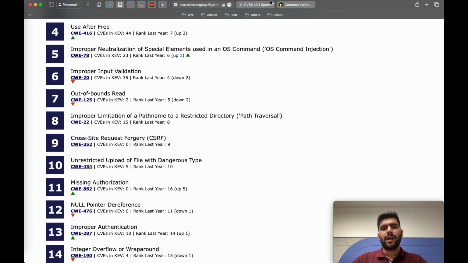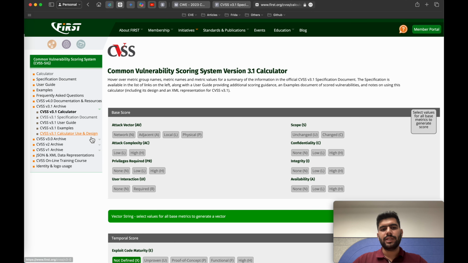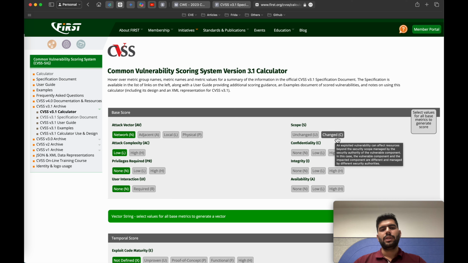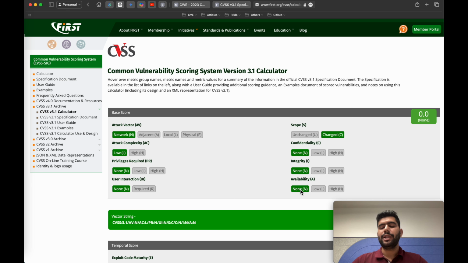For example, I'm going to the CVSS calculator here, and let's say I have a network vulnerability and the attack complexity is low and I don't require any privileges, user interaction is again none, and I can change my scope from, let's say, a lower level user to an admin level user, or I can migrate from a normal system to an application server or database server, right? But if the confidentiality, integrity and availability are not affected, the score will remain 0. It means it has no impact on the application or the organization.